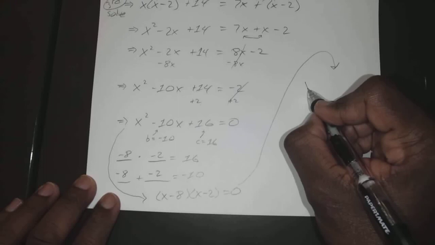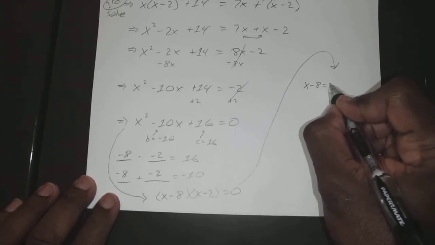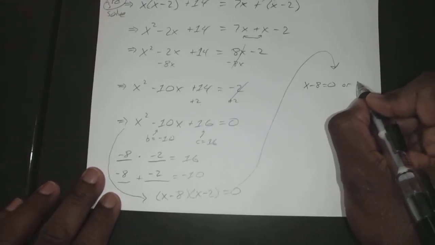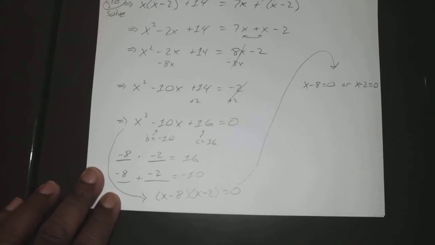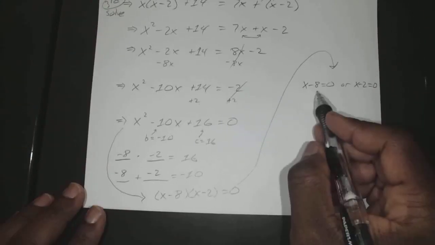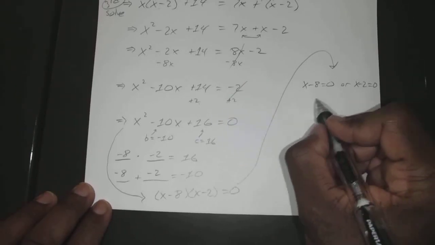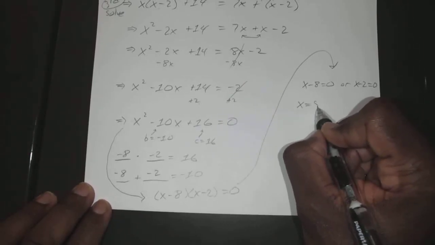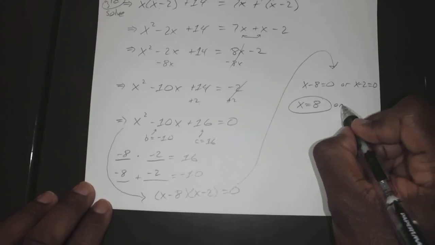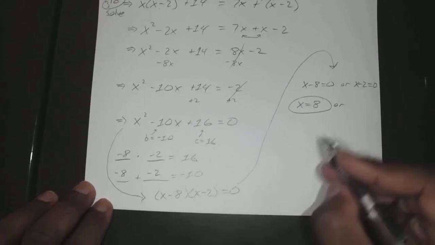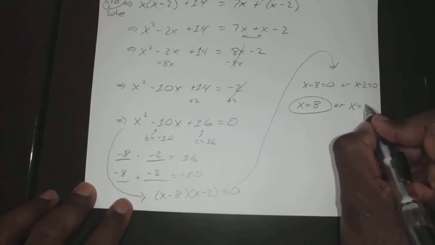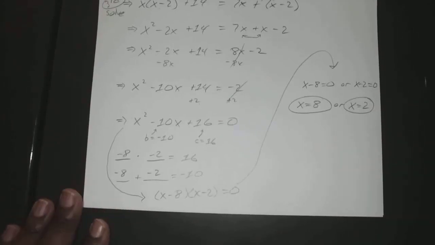So x minus 8 can equal 0, or x minus 2 can equal 0. Either one of those would make that true. For this one, if you add 8 to both sides, x can equal 8, or if you add 2 to both sides here, x can equal 2. So we have to actually check both of them.